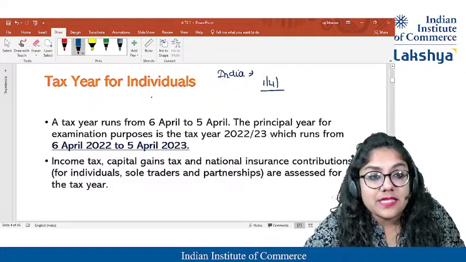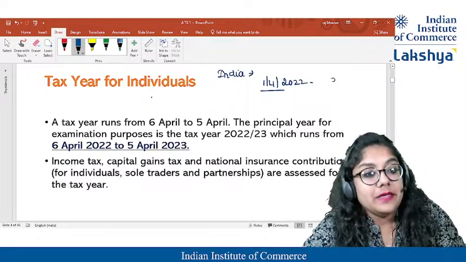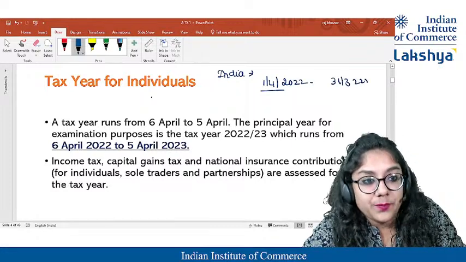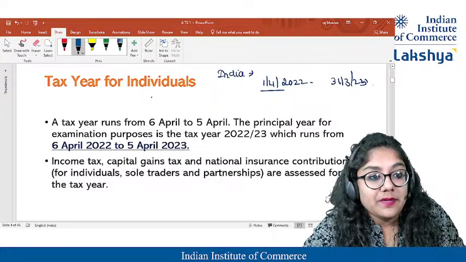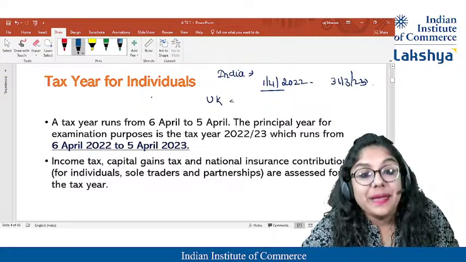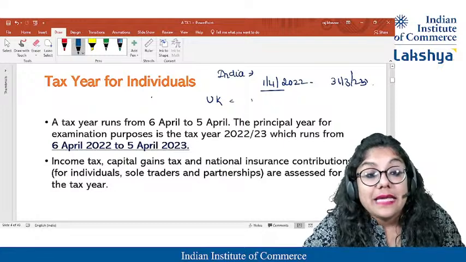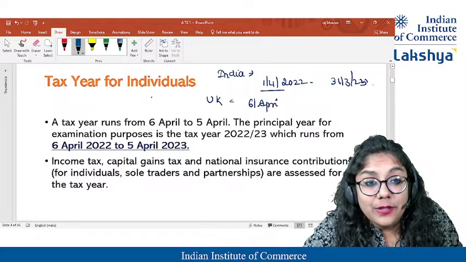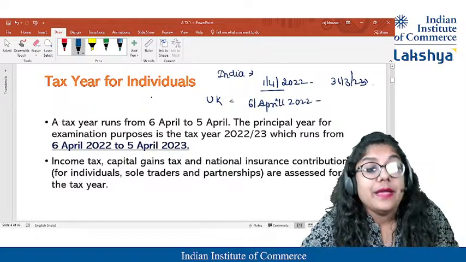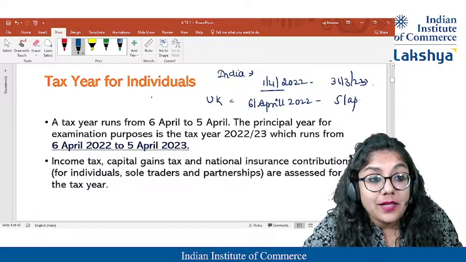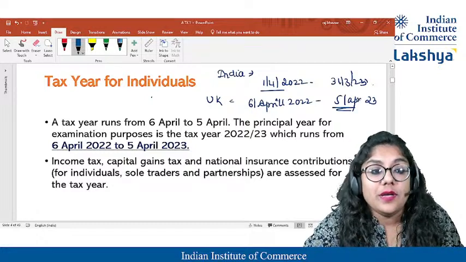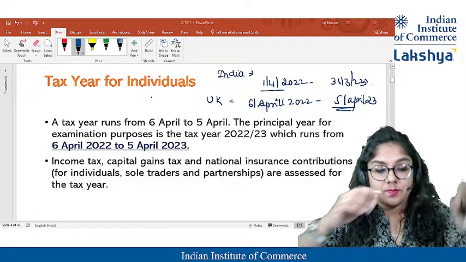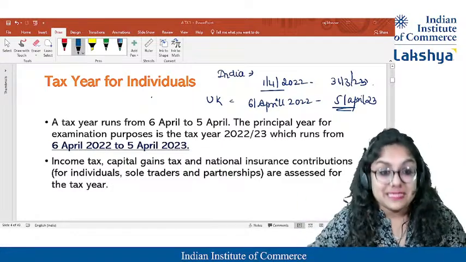Our accounting year starts from 1st April 2022 till 31st March 2023. But in UK, my year starts not on 1st April, guys. It's on 6th April 2022. It ends on 5th April 2023. So what is it, guys? 6 to 5. Okay, so that is known as the taxable period.